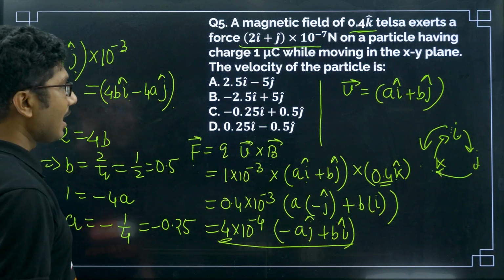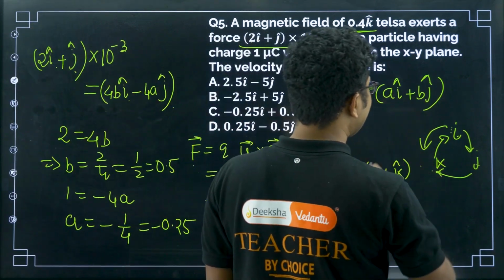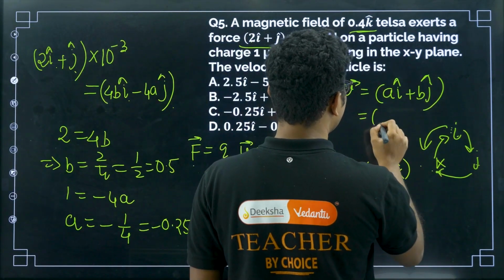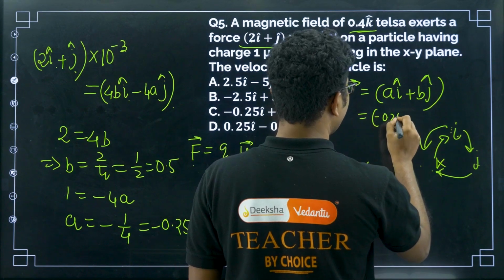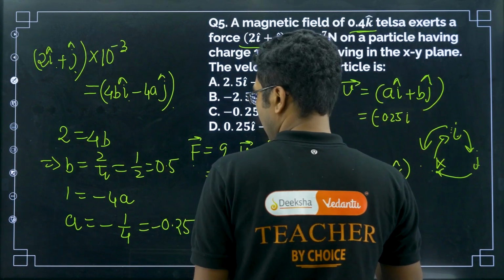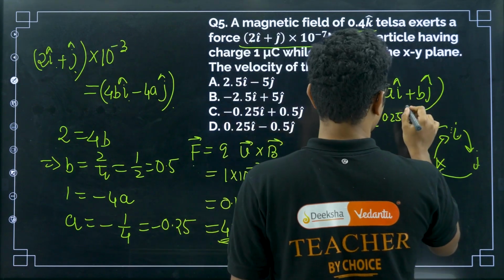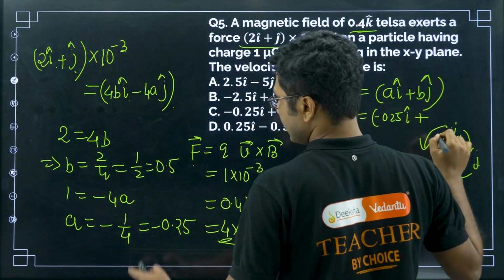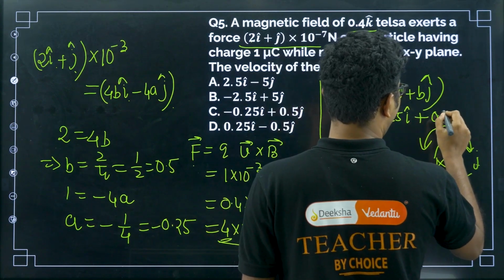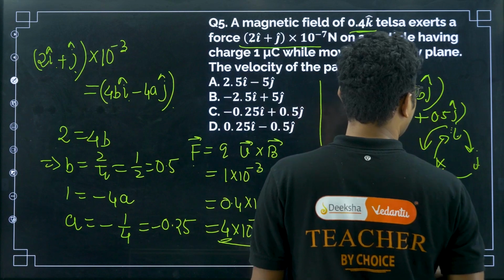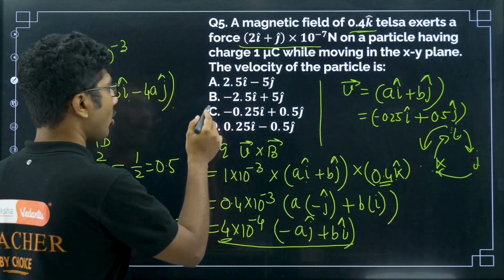So you can see what we have assumed, a i cap plus b j cap, now we can write minus 0.25 i cap plus 0.5 j cap, right? So the correct answer is option C.